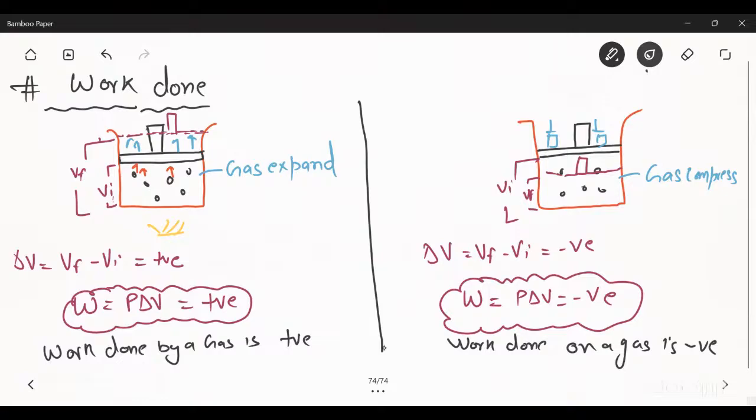Next, in this case, you have also seen that heat absorbed by a system is positive.